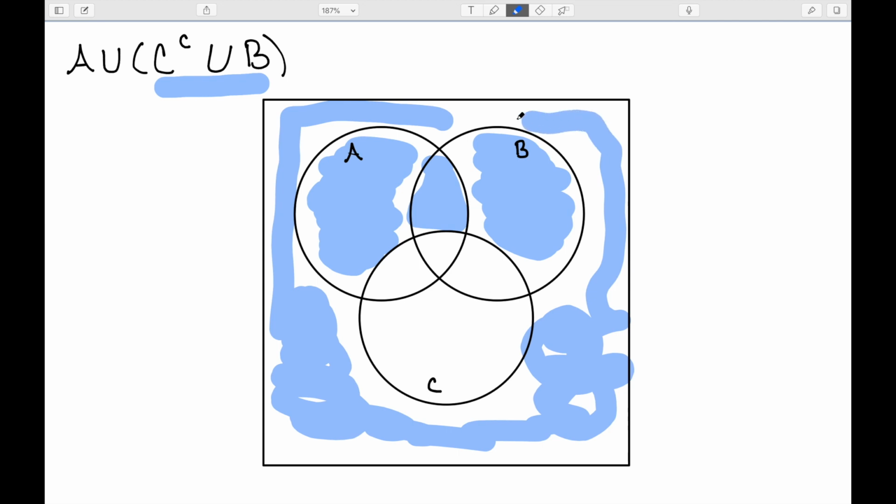After that, I want to union with B, so I want to combine everything that's in B. So this piece here is in B, and this piece here is in B. Finally, I want to union that with A, so I also want to consider A. So that would include this piece right here. So now I have everything that's in A union, C complement, union B.